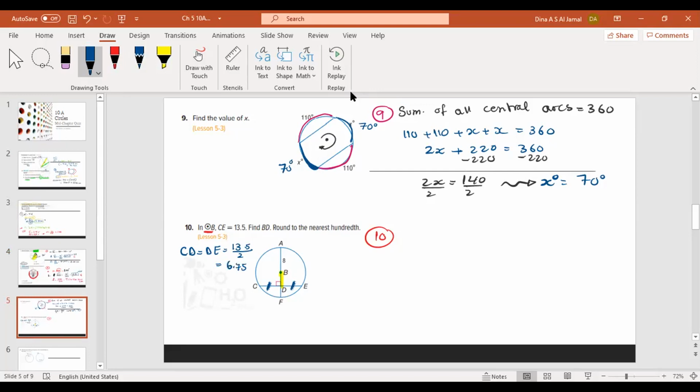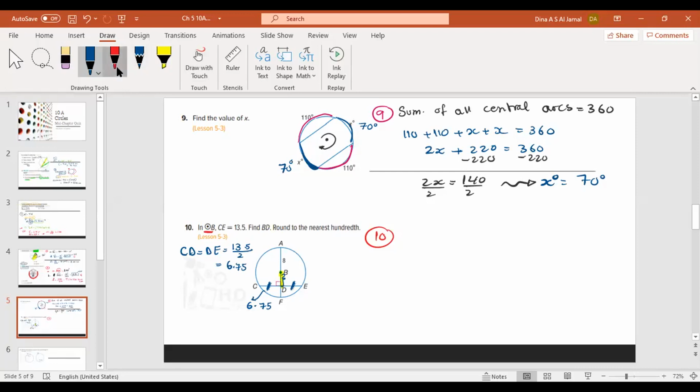Great. Now, I would like to get BD. So now I already have my CD, which is 6.75. Good. So after we got our two congruent segments, let's imagine that I need BD, and I have this small segment.